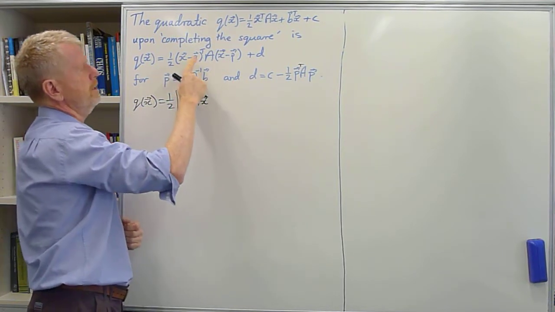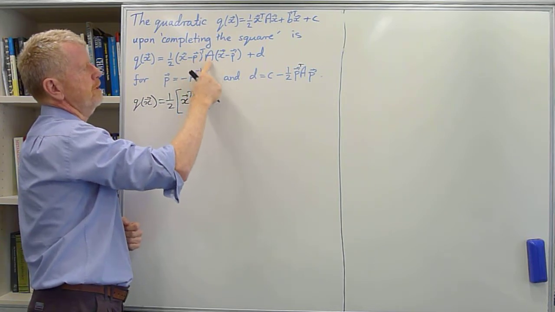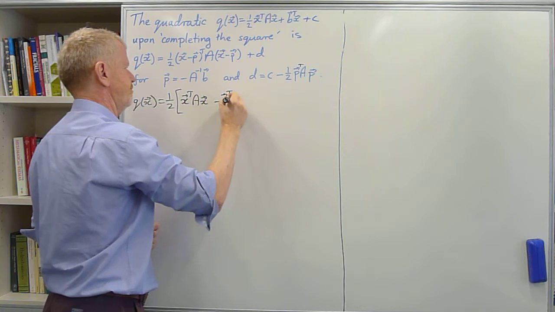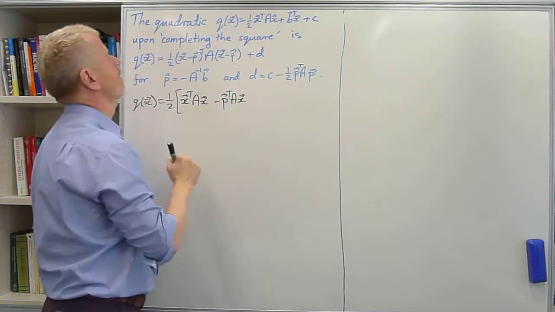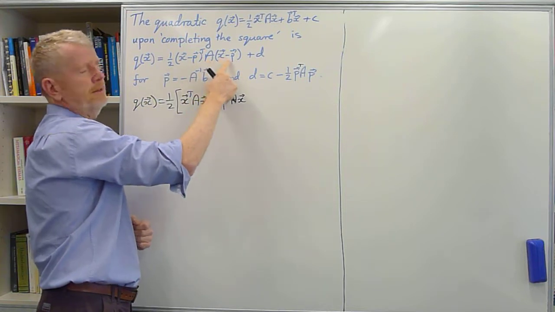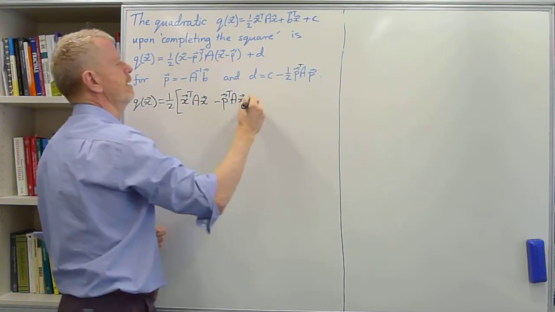Then there's minus p transposed Ax. Then there's x transposed A times minus p.